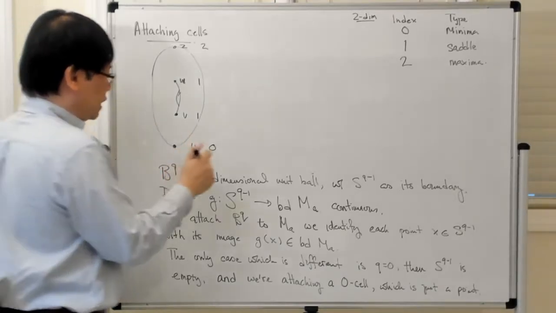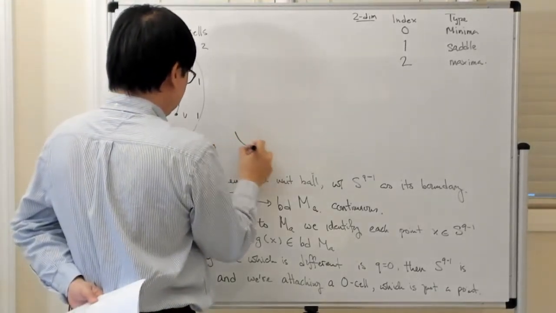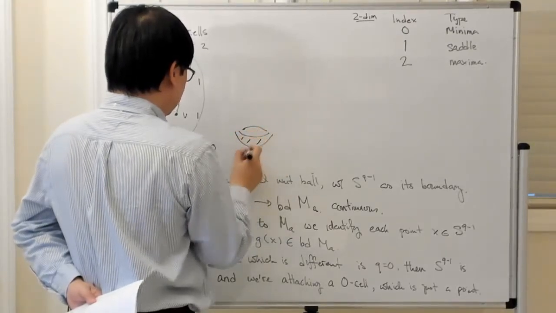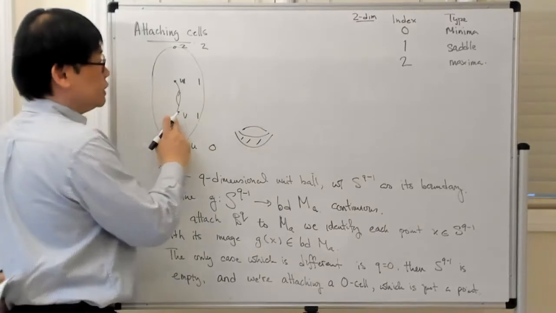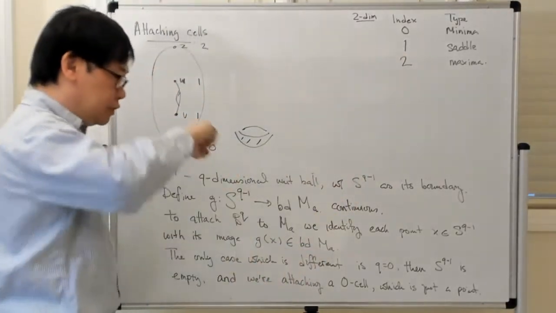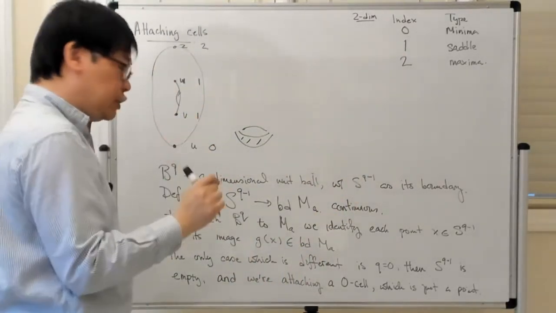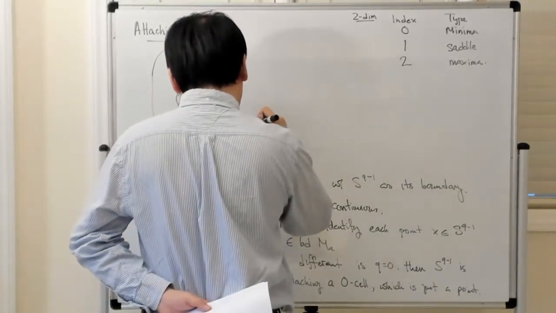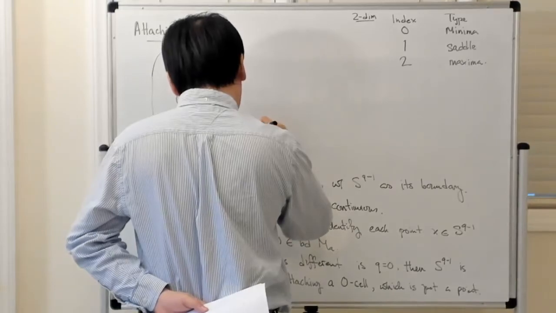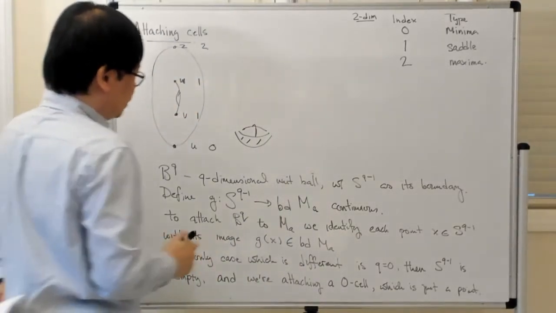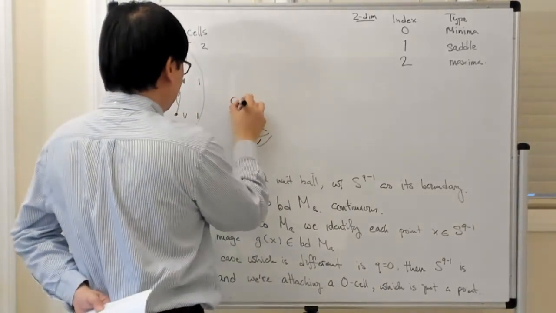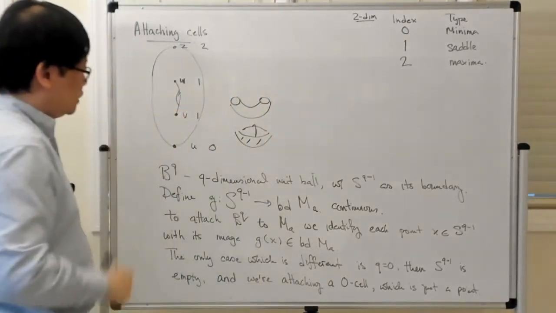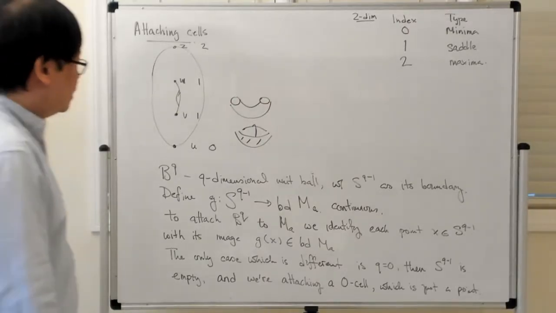Slightly later you have something like a bowl, and when you hit this, which has index 1, you're gluing a one-dimensional ball, basically a line. It pinches it off, and what you end up with topologically looks like a cylinder.